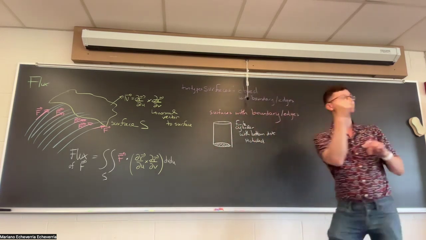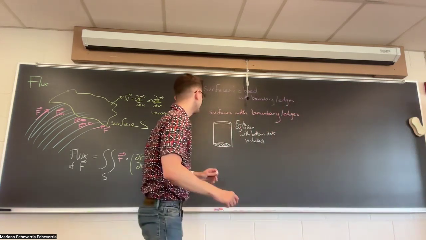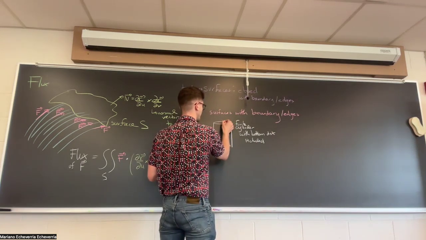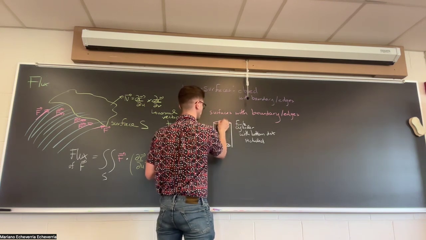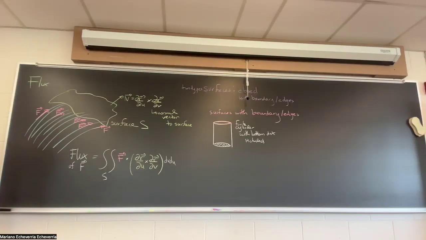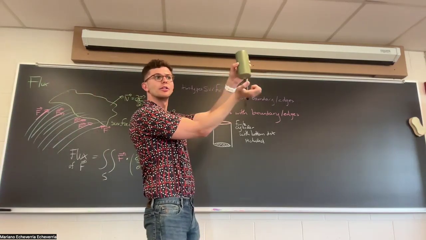I'll put the edge in a different color to emphasize that. The edge of the cylinder would be this top circle. Why is the bottom circle not part of the edge? Because I'm closing it with a disc.